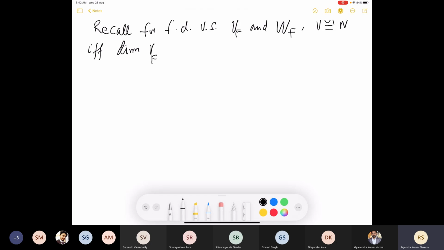So the dimension of V over F is same as the dimension of W over F. They are same.